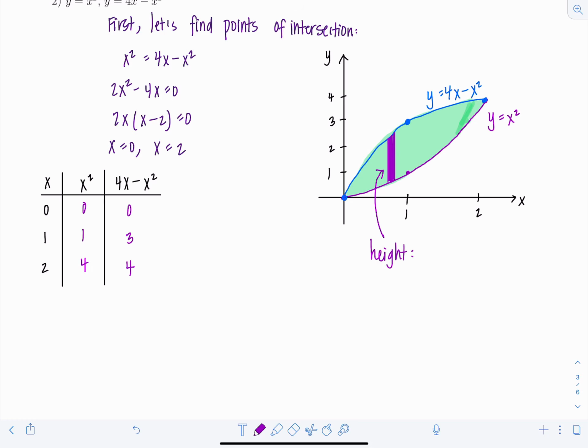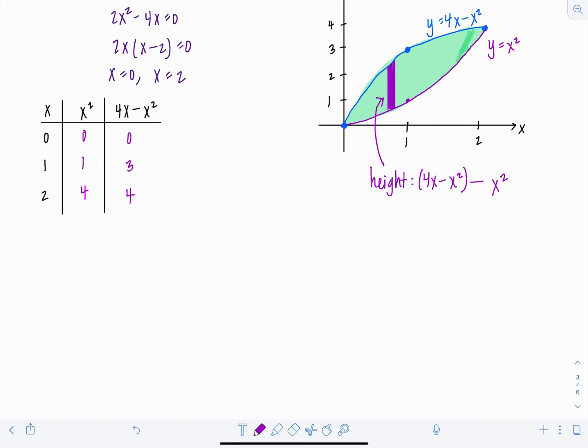Well, which function is on top? It's 4x minus x squared minus x squared, the function on the bottom. And then let's clean things up and combine like terms while we're at it. So this is 4x minus 2x squared. Nice. And then the width is equal to delta x.